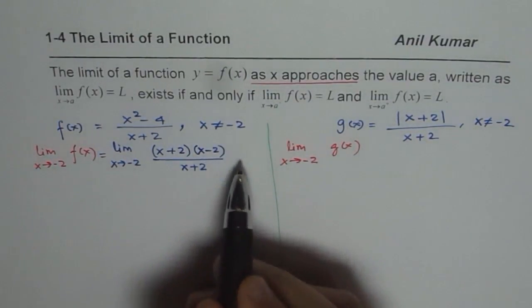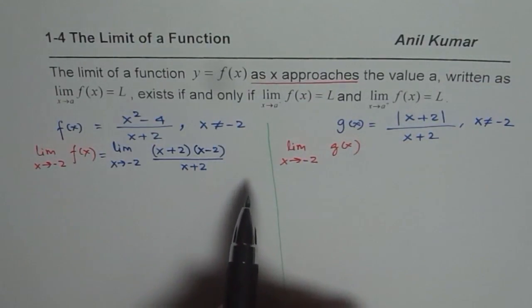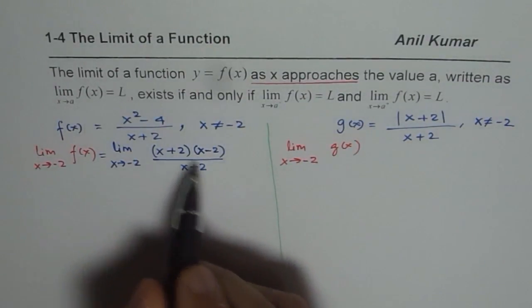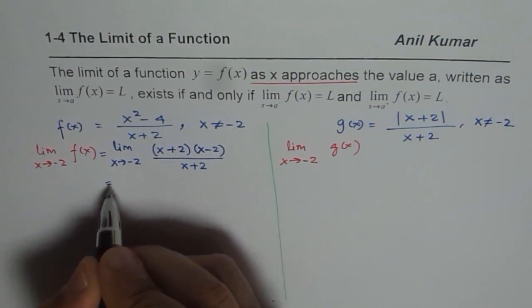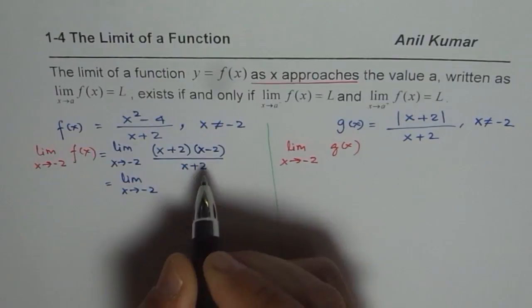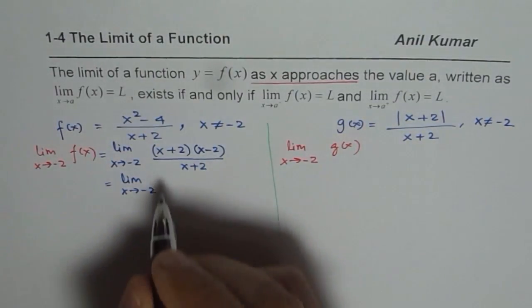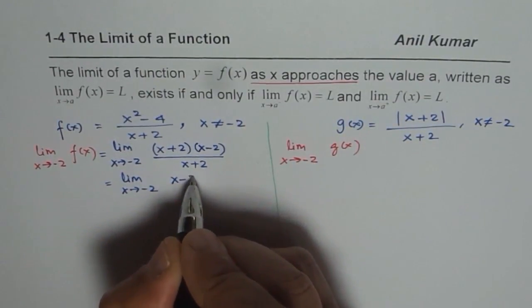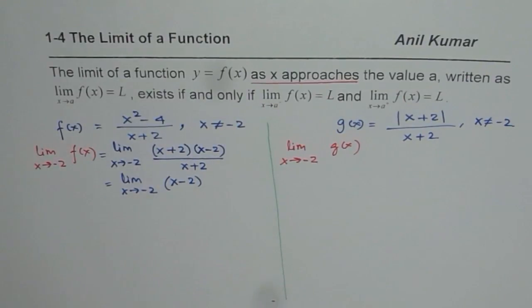I'll not be writing the restriction again and again. It is well understood, right? Now we can simplify this and we can write this as limit of function x approaches minus 2 and x plus 2 cancel. So we are left with x minus 2, right? So that is what we are going to explore.